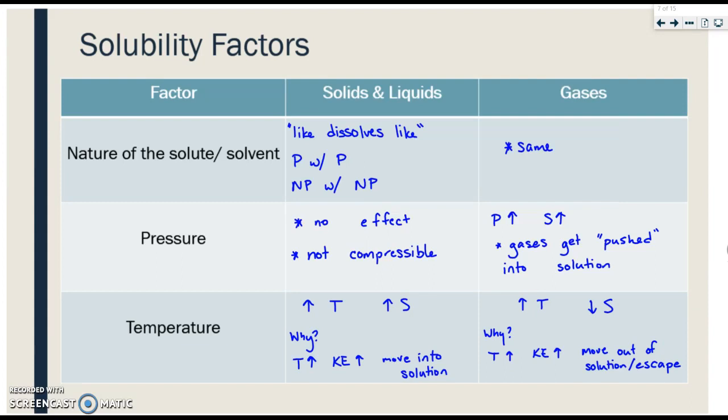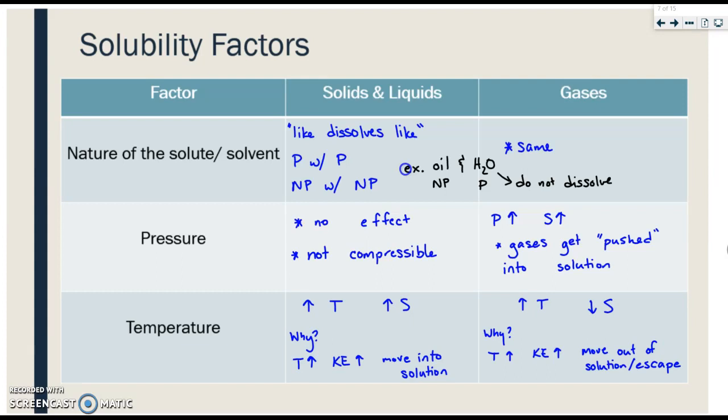Water is a little unique because it can technically dissolve both, but if we have an example, such as oil and water, oil is non-polar and water is polar. That's review from a previous chapter, and they do not go together, so they do not mix, they do not dissolve.